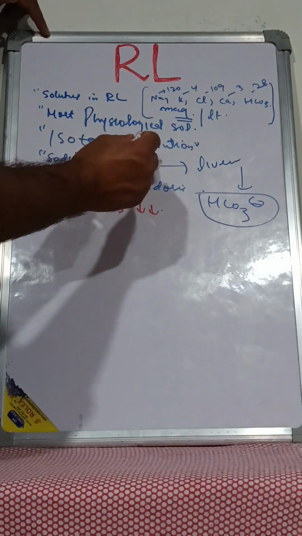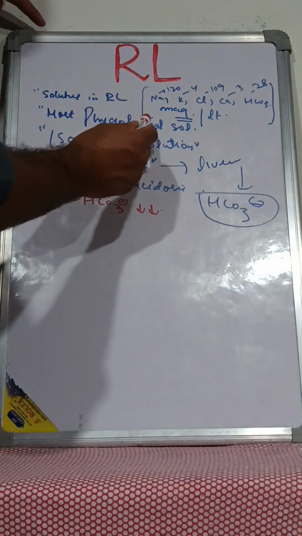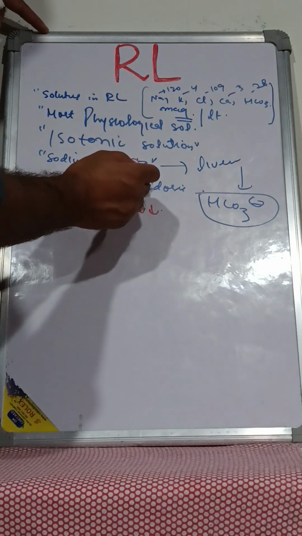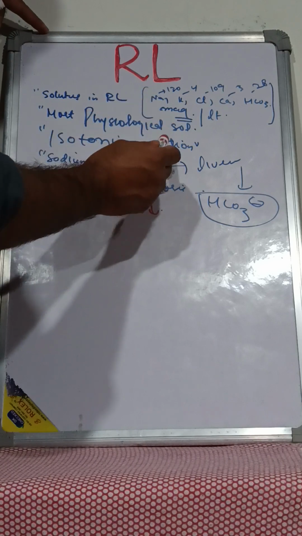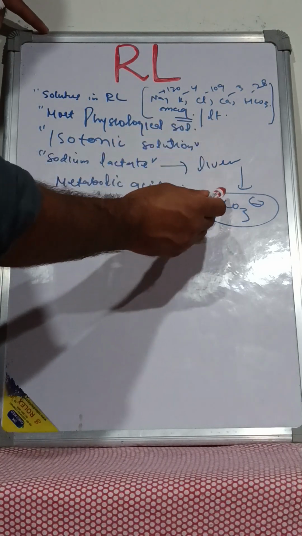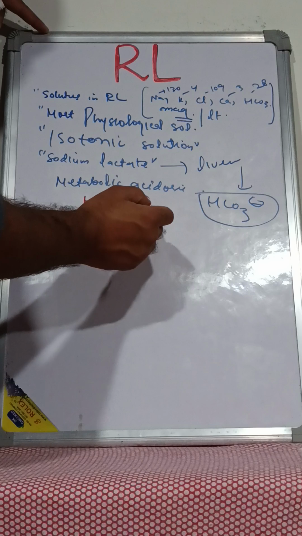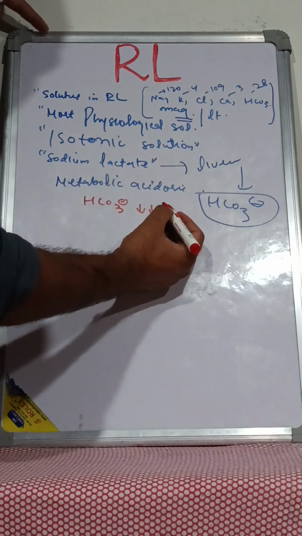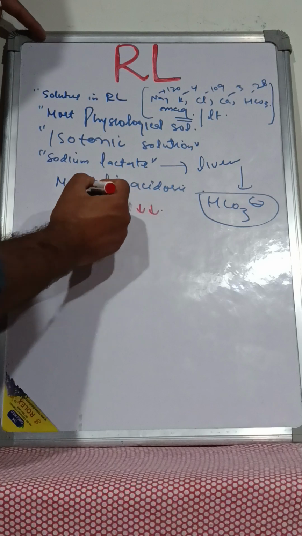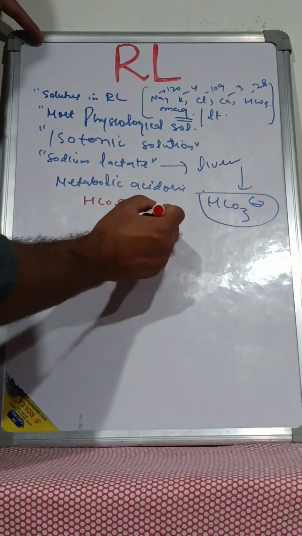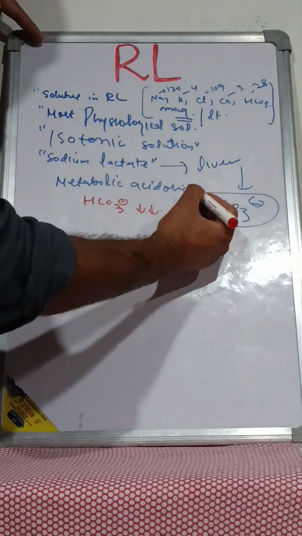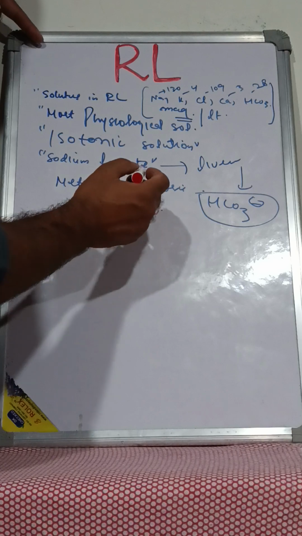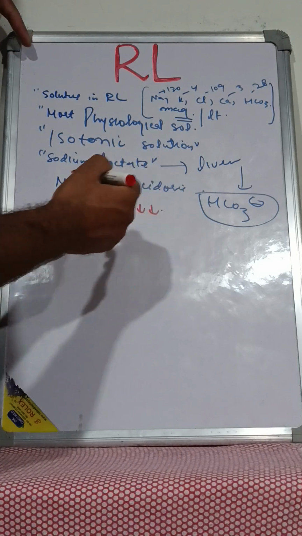Now, when you give a person the solution of RL, the sodium lactate in RL gets metabolized in the liver and converted into bicarbonate. Since bicarbonate adds up in the plasma, the metabolic acidosis, that is the decrease in the concentration of bicarbonate, will get corrected. So by using RL you are correcting the metabolic acidosis.